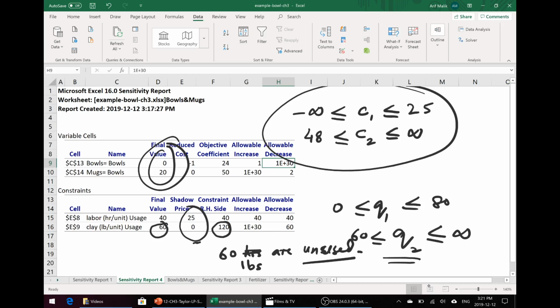Let's see, for example, Q2. It is telling us that the shadow price is 0. So if we keep increasing the right hand side from 120 to infinity, the shadow price will remain 0, right? Makes sense. And the shadow price of the other resource is 25, within the range from 0 to 80.